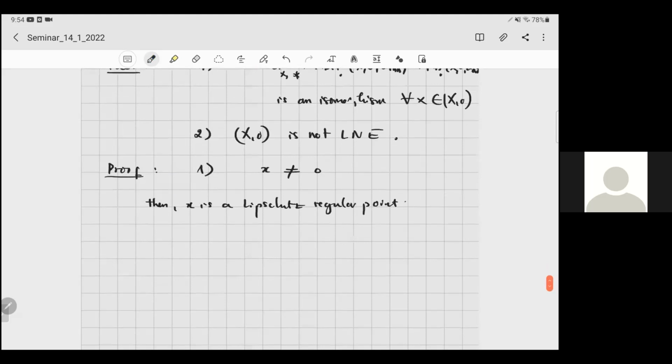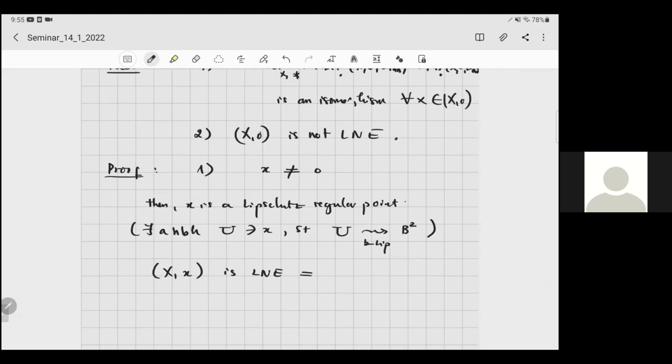It means there is a neighborhood U of x in X such that U is bi-Lipschitz equivalent to a ball, I mean B2. In other words, the germ of X at x is LNE, Lipschitz normally embedded, because it is bi-Lipschitz to a ball, and a ball is Lipschitz normally embedded.